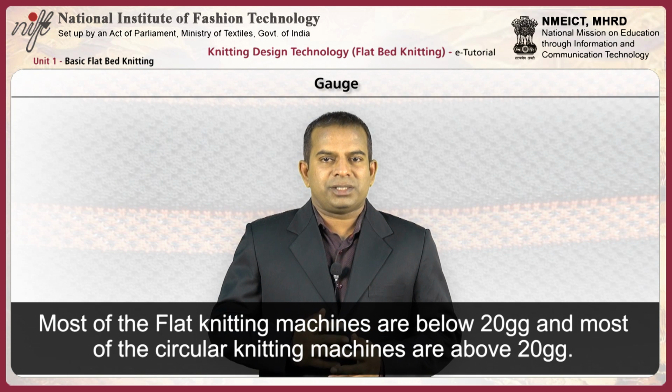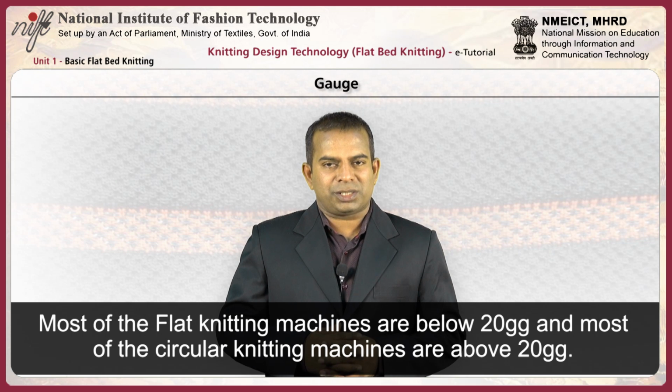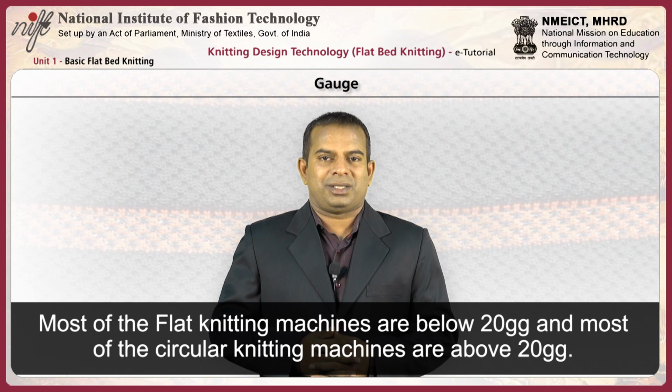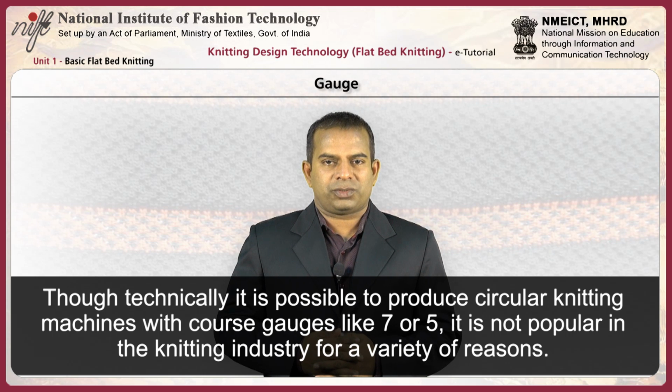Most of the flat knitting machines are below 20 gauge and most of the circular knitting machines are above 20 gauge. Though technically it is possible to produce circular knitting machines with coarser gauges like 7 or 5, it is not popular in the knitting industry for a variety of reasons.